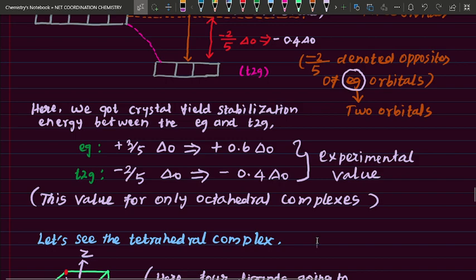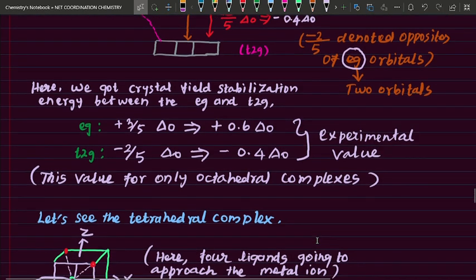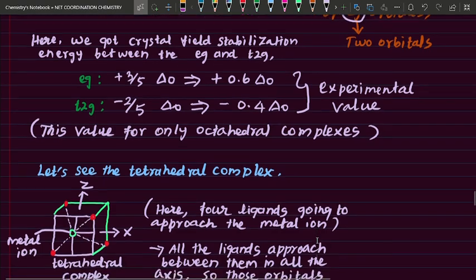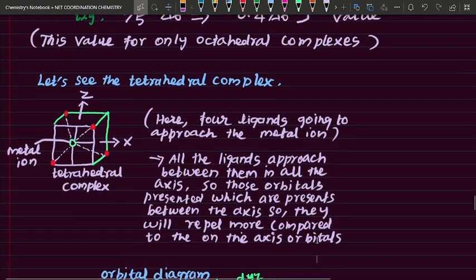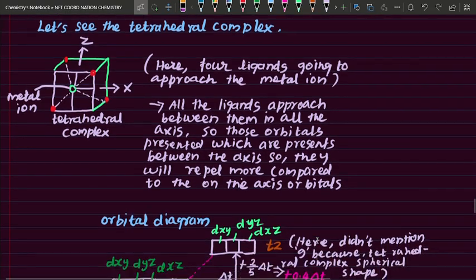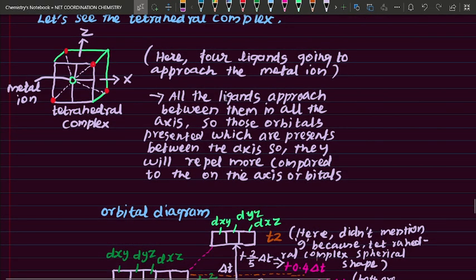Let's see the tetrahedral complex. See below. This is a tetrahedral complex. This is the metal ion in the center, with 4 ligands around the central metal atom.